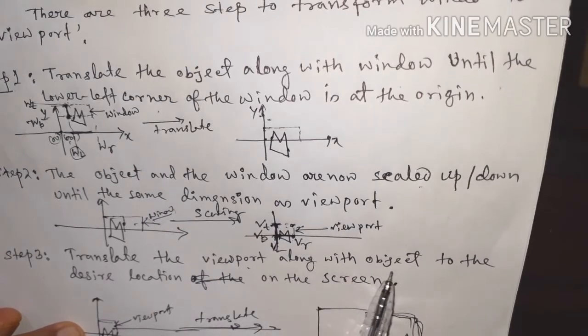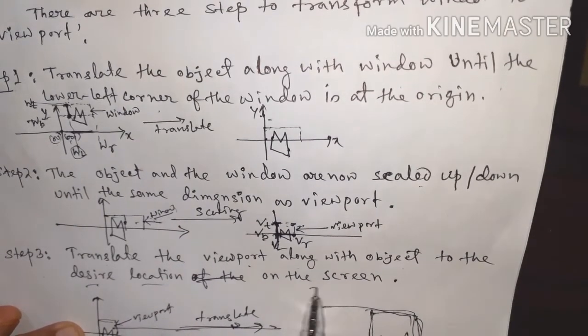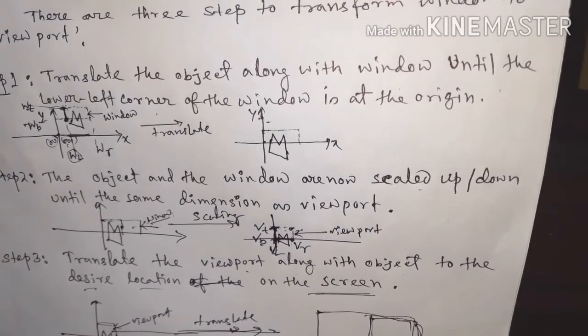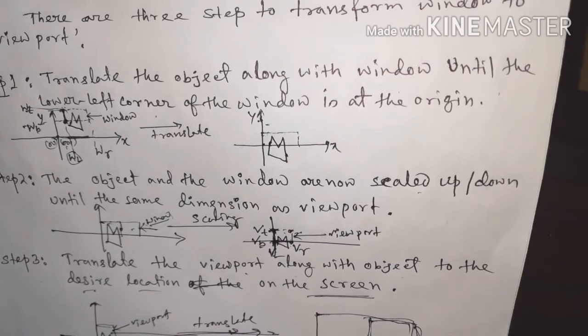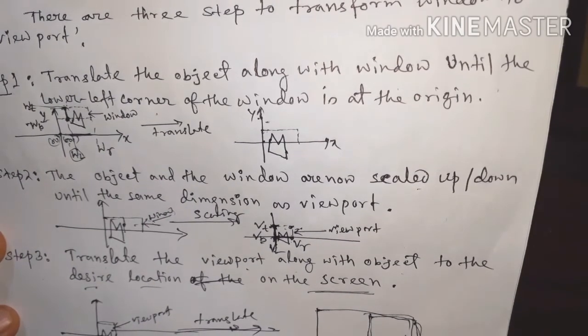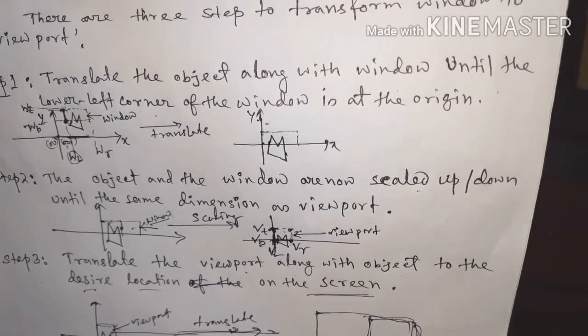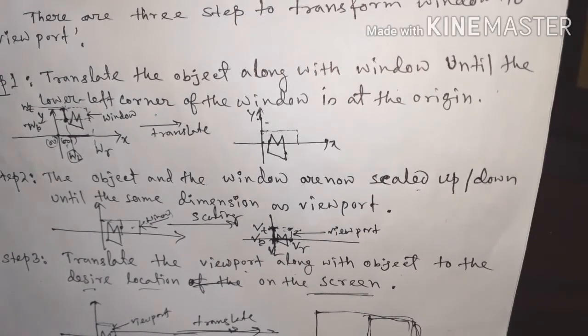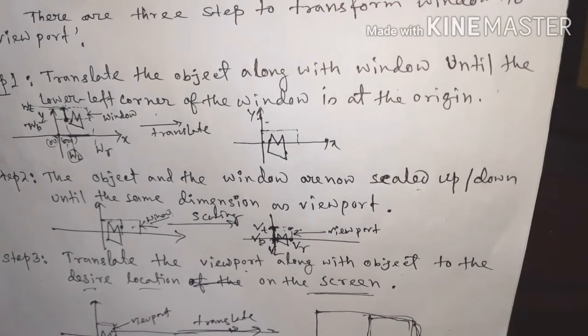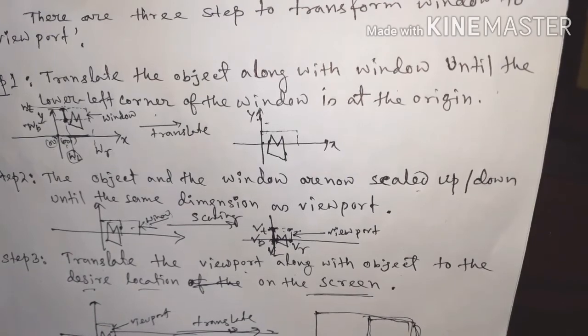Third step is translation. Translate the viewport along with the object to the desired location of the screen. So again I need a translation. The translation amount depends on the viewport, where the viewport will be displayed.